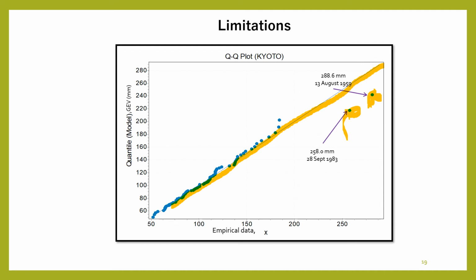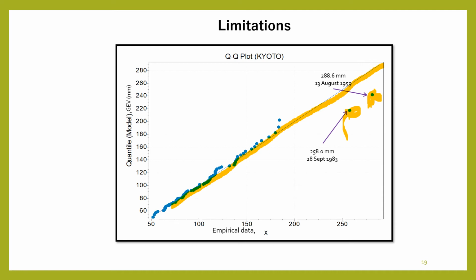For example, Kelantan might have a different distribution model. It might have a GEV distribution model, but Kuala Lumpur might have a Gumbel or normal. If you fit it incorrectly, you will underestimate or overestimate. Overestimate is still okay, but if you underestimate, what will happen?